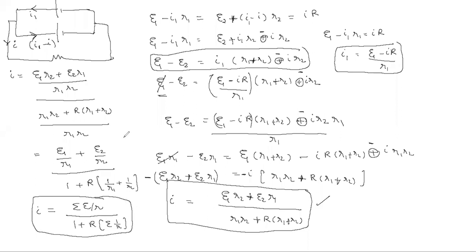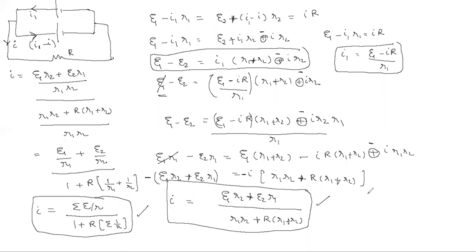Not only two cells; if I connect one more cell, third cell, fourth cell, fifth cell, any number of cells are connected here, then what is the current through the external resistor capital R? Directly you can say sigma E by R divided by 1 plus capital R into sigma 1 by R. Is it clear, Nana? Yes, sir.